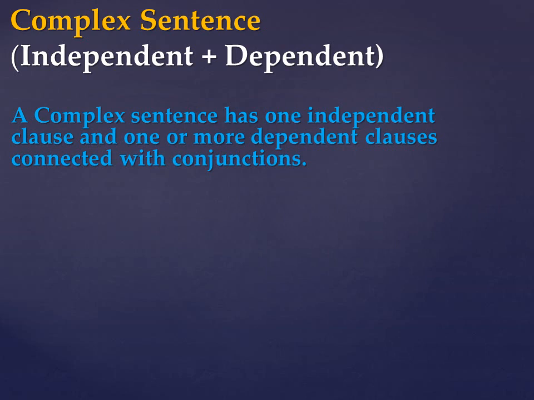That means a complex sentence is formed with more than one clause, and one clause must be independent, and it has another clause or more than one dependent clause. And these dependent and independent clauses are connected with conjunctions or connectors. We will learn about connectors later on.